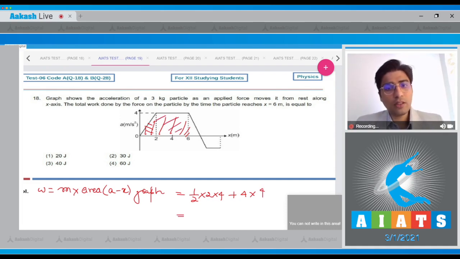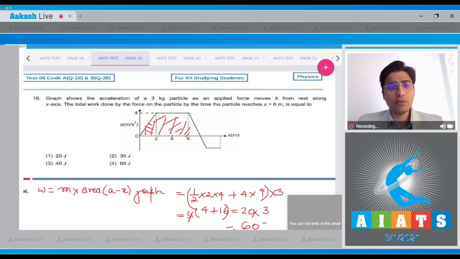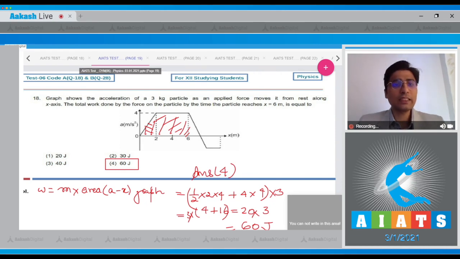So this will be equal to 4 plus 16, that is 20, and if you multiply it by the mass, that is given to be equal to 3, the total work done will be equal to 60 joules. And hence for this question the correct answer is option number 4. Now let us solve question number 19.